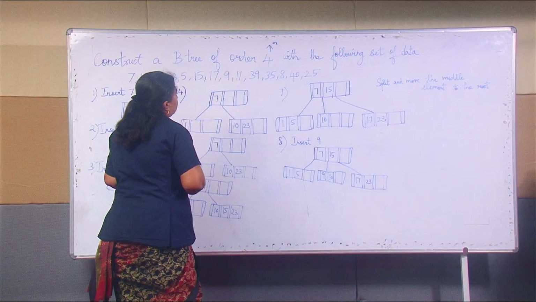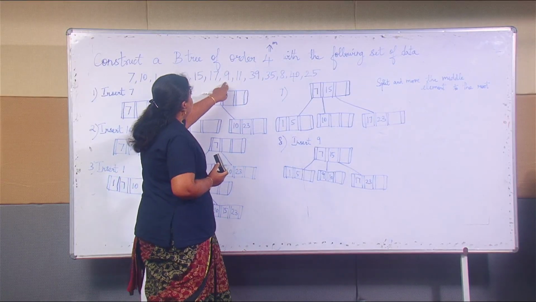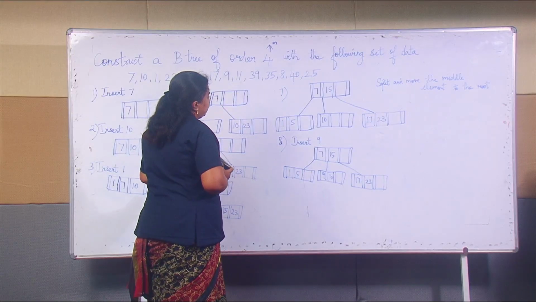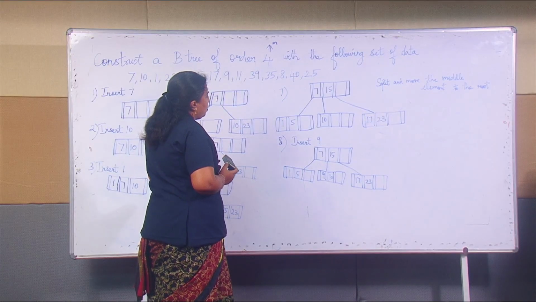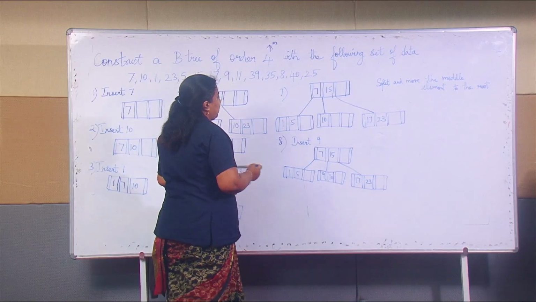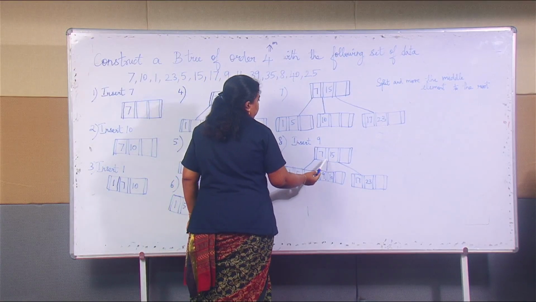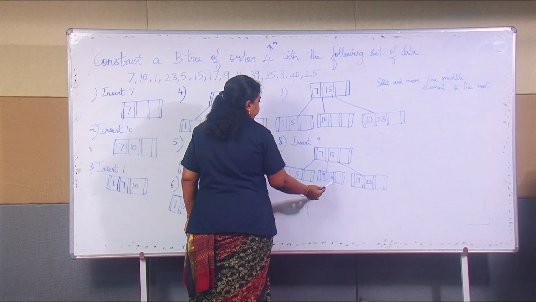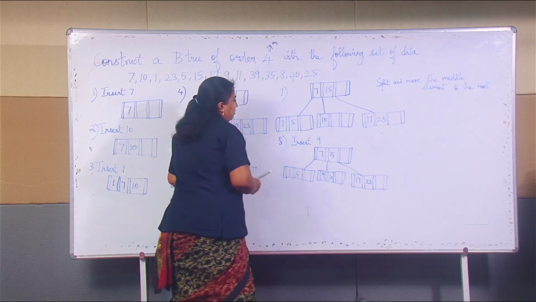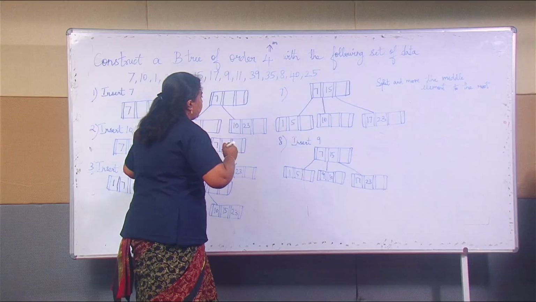Okay. So we have completed till 9. Now the next value to be inserted is 11. So while inserting 11, it should be placed in between 7 and 15 and here after 10. So 11 should be placed here. That is the 9th step, insert 11.